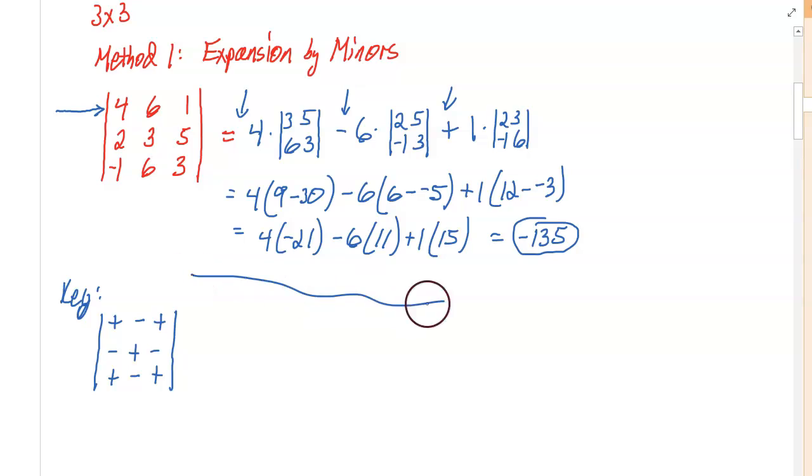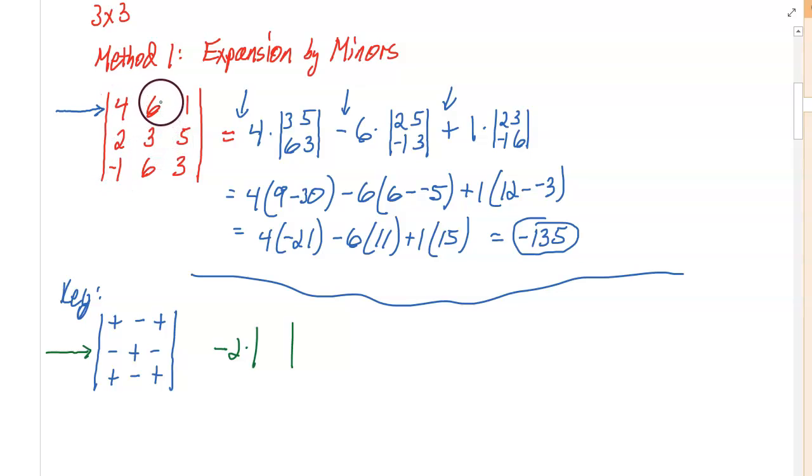Let's redo the problem and use row 2 as our focus row. Here we go. We begin with a negative from our pattern, and then the number 2. That gets multiplied by a 2 by 2 determinant, where the numbers are not in the second row or in the same column as the 2.